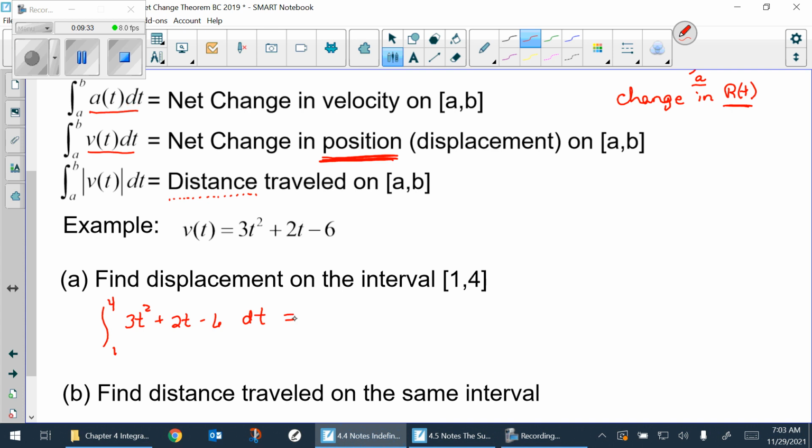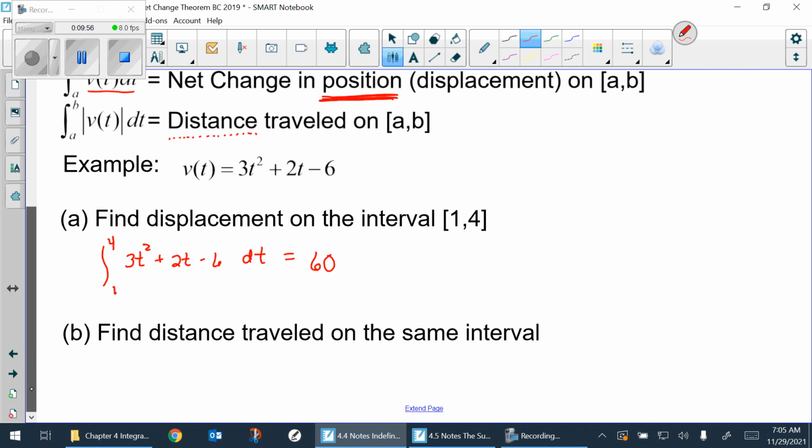When we do that, and feel free to use your calculator, why don't you go ahead and use your calculator right now. What you should find, if you put this in the calculator correctly, is that you end up with 60 as your displacement.